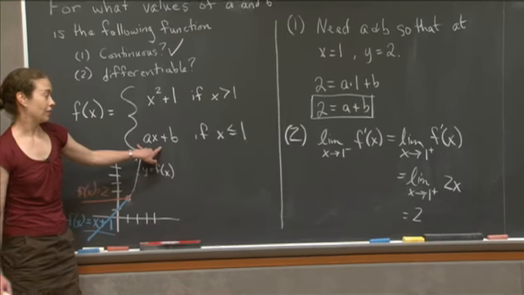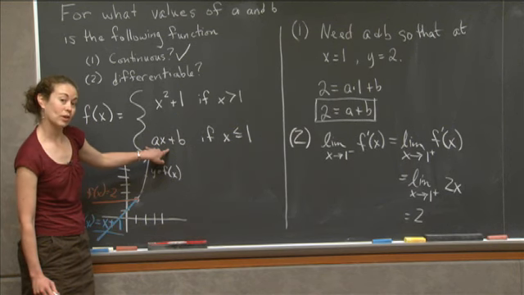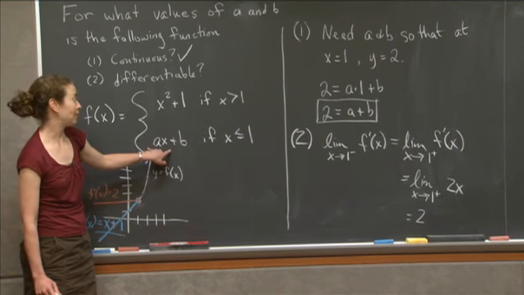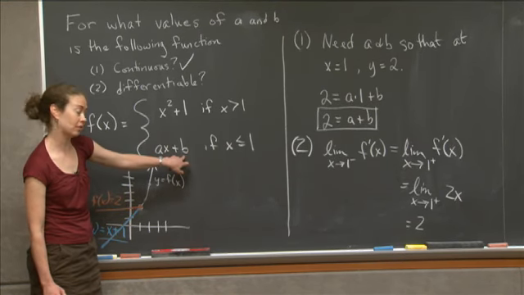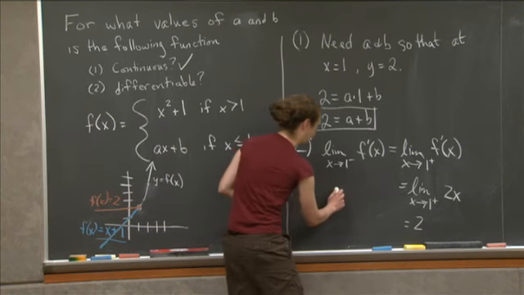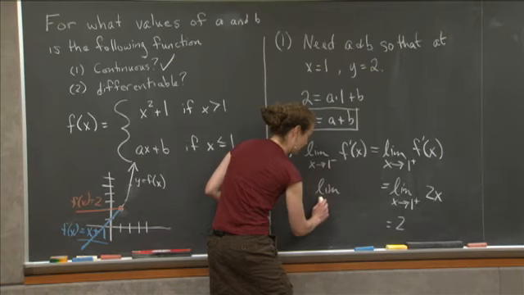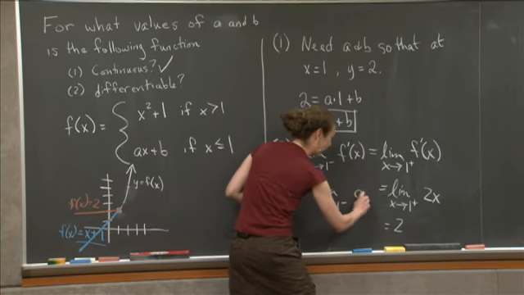So let's fill in this side. The function on the left, at the left of 1, is ax plus b. So what is its derivative? Its derivative is just a, right? Because b is a constant, its derivative is 0. The derivative of ax is a. So we get the limit as x goes to 1 from the left of a.